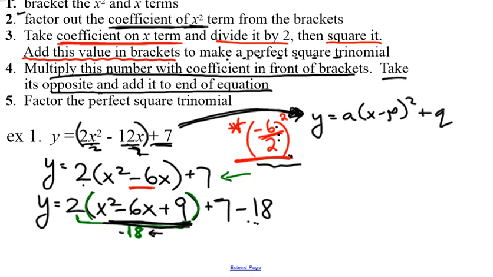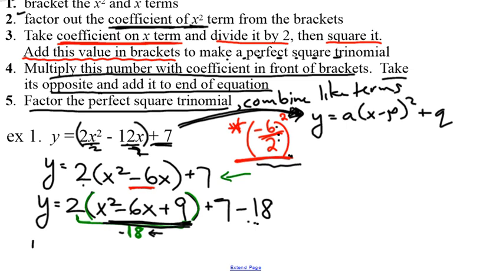From there, the last thing is to factor the perfect square and combine like terms. So, factor the perfect square. X squared minus 6x plus 9, that's an x minus 3 times x minus 3, which is better written as x minus 3 squared.